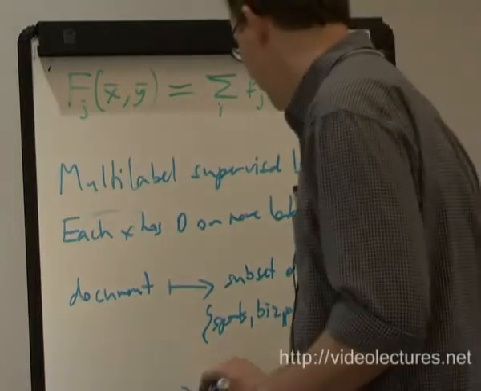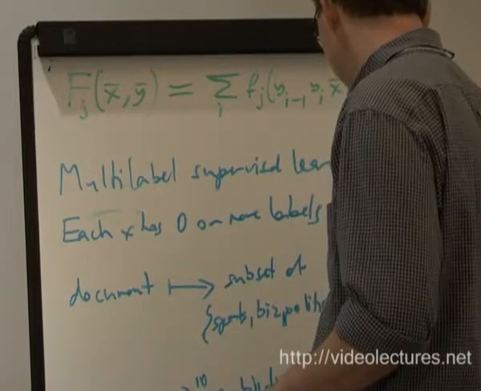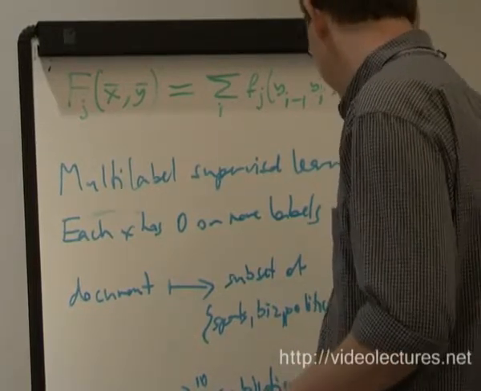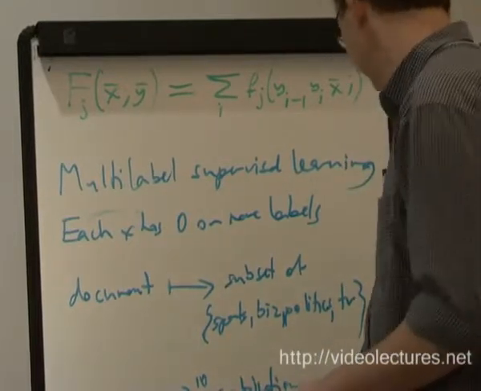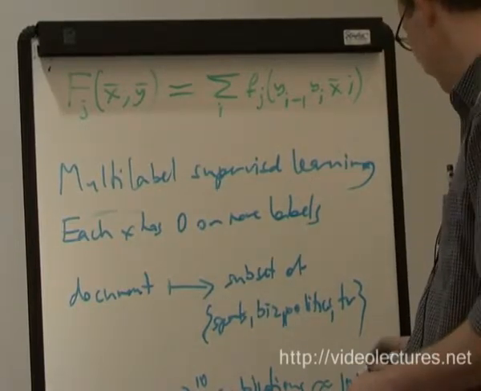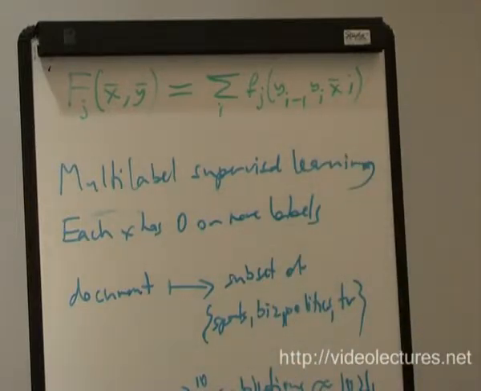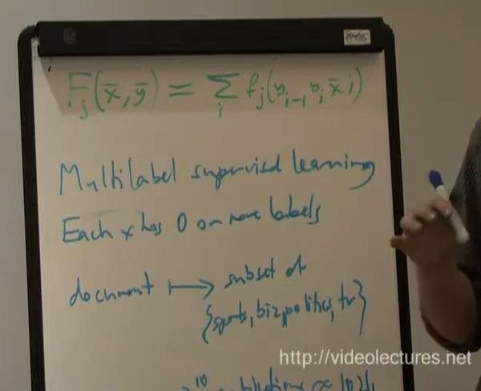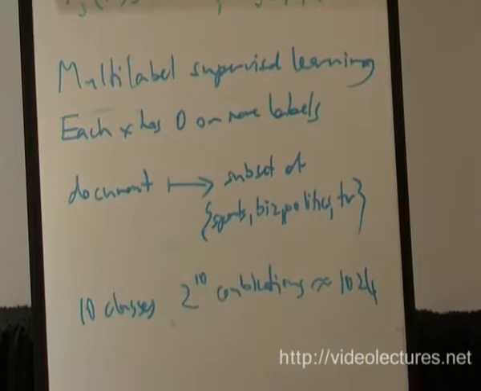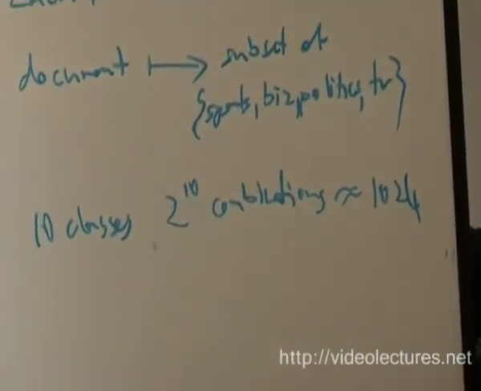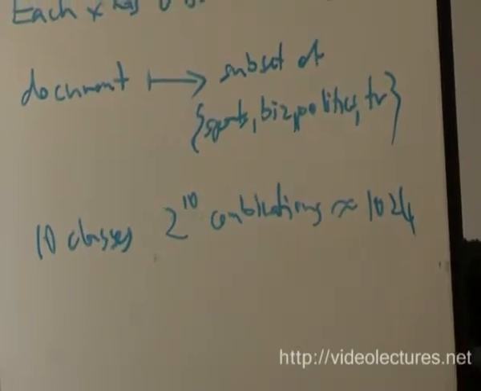Two to the 10, which is about 10 to the 3. 1024. And if you had 20 classes, it would be about 1 million. So if you had 20 classes and each document was allowed to belong to 1 or more classes, then there would be some combinations of classes that chances are you have never seen in your training data. But you'd still like to be able to predict that combination for a test document.